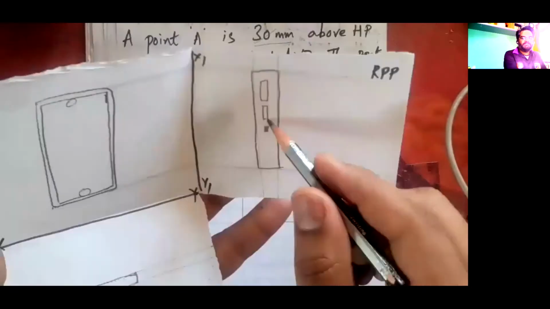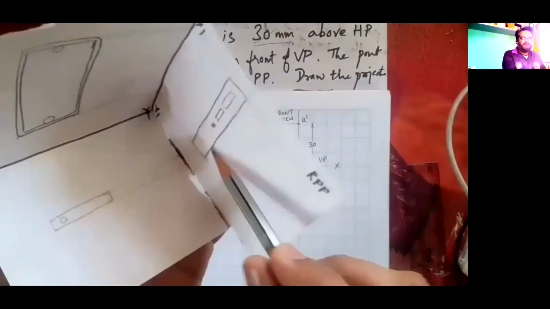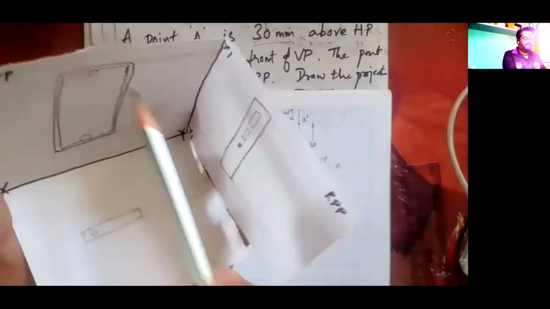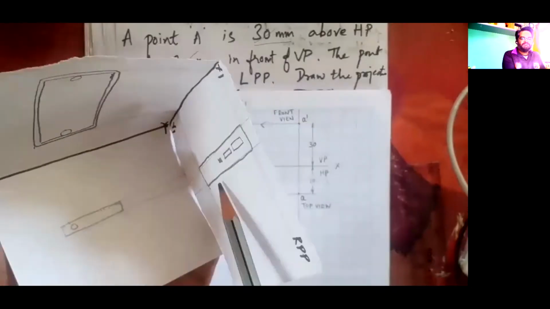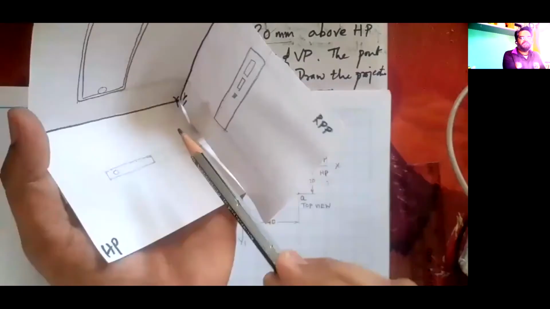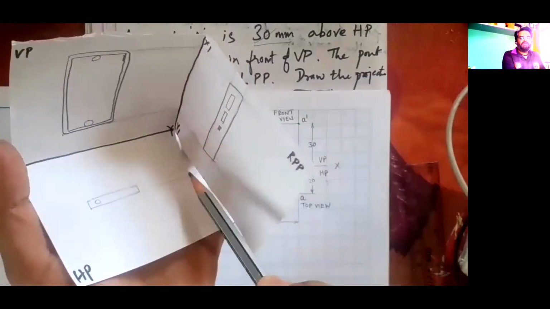See, these 3 mutually perpendicular planes were at 90 degrees each: this angle is 90, this angle is 90, and this angle is 90. This continuity is lost. The top view to the side view, this continuity is lost here where there is no plane of projection. Where will it be?